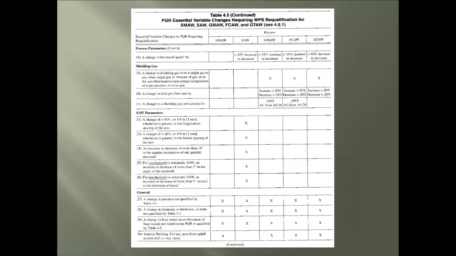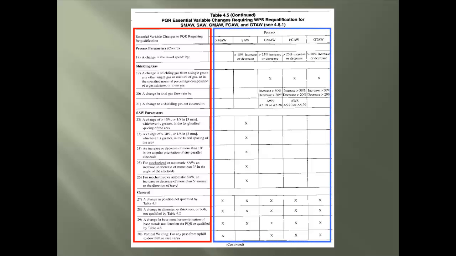This is the second page of the table, and we see the two parts of the table again, and the topics continue from page 1 as with the process parameters. Then the shielding gas, submerged arc welding parameters, and lastly for this page, the general topics.